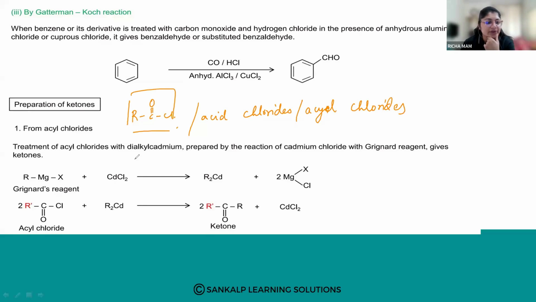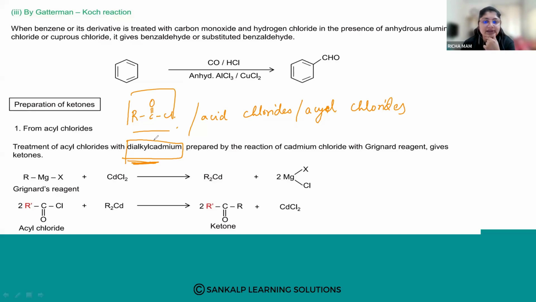Ketones can be prepared from these acid chlorides by treating them with dialkyl cadmium. How are we going to obtain this dialkyl cadmium?